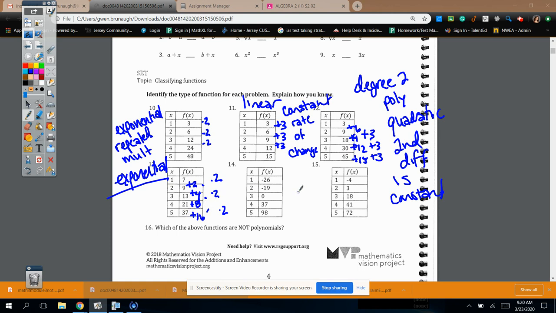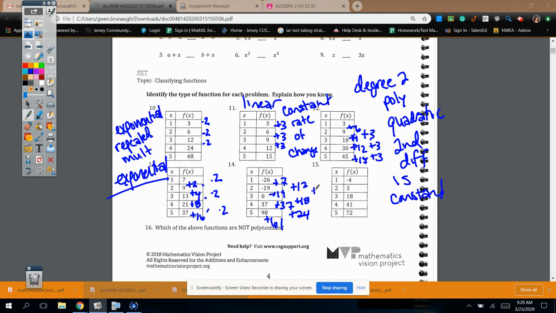Okay, what happens on this guy? Well, I have a plus 7, plus 19, plus 37, plus 61. I'm only that quick because I'd already done this on the paper. Now the next one is a plus 12, plus 18, plus 24.